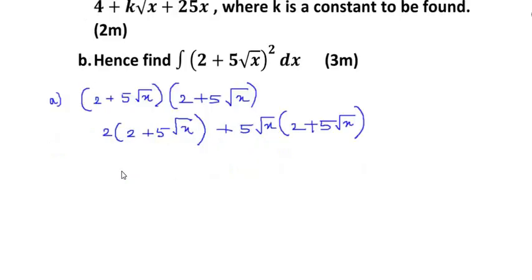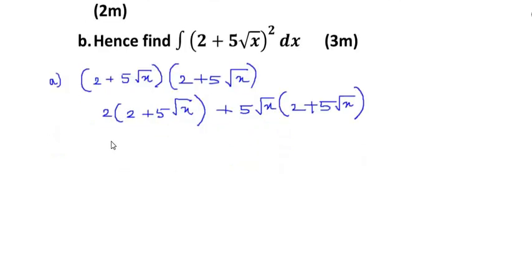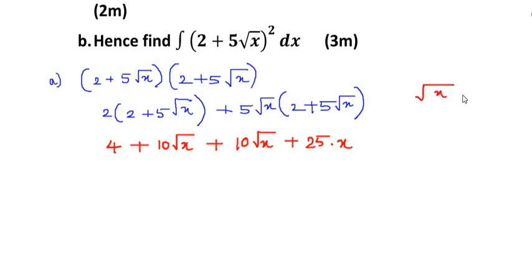After this we are going to just expand the brackets. So 2 times 2 gives us 4, plus 2 times 5 is 10 multiplied with root x, and plus 5 root x multiplied by 2, the numbers get multiplied, so 5 times 2 is 10 root x, plus 5 root x times 5 root x, this becomes 25x, because root x times root x we get x, and 5 times 5 we get 25.